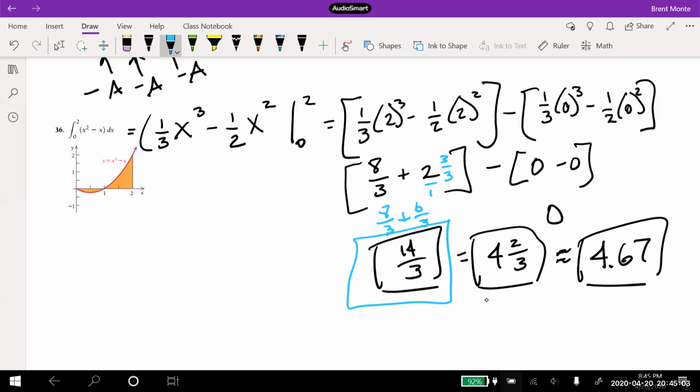That means the net of this, if I just integrated from 1 to 2, I'd get a bigger number than 4 2/3, because that area below the curve from 0 to 1 was below, so that was negative. That took away some of the area. But anyway, we know the net, there's more area above the curve than below the curve because we got a positive number. And let's, in fact, say something about that.